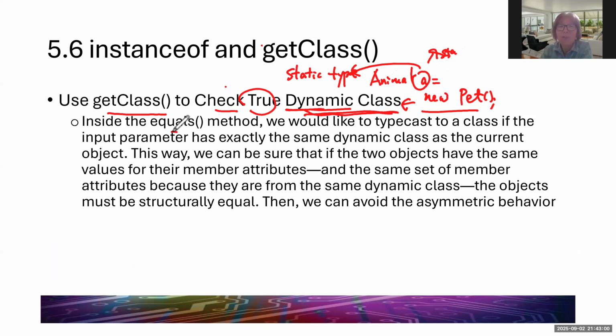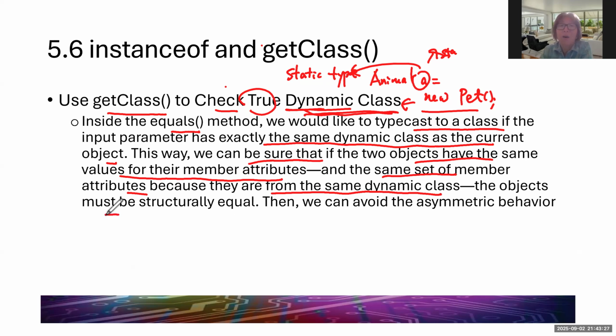So it says in the equals method, we need to typecast to a class if the input parameter has the exact same dynamic class as the current object. Then we can be sure that the two objects have the same set of member attributes, because they are from the same dynamic class, and we can compare their values.